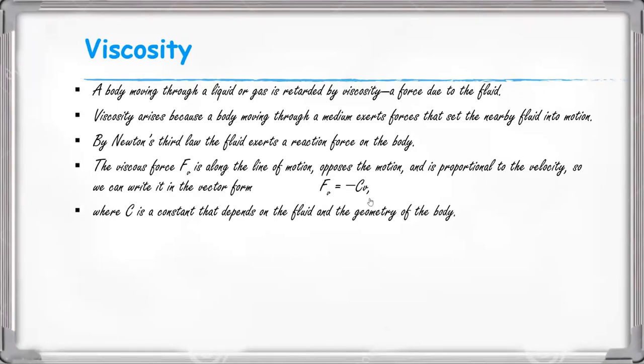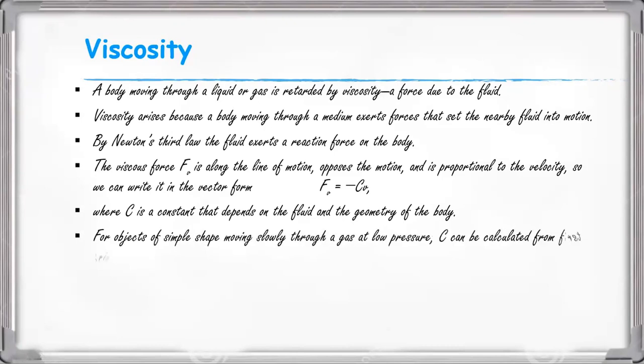Here, C is a constant that depends on the fluid and the geometry of the body. It is important that C depends on the fluid and the geometry of the body.